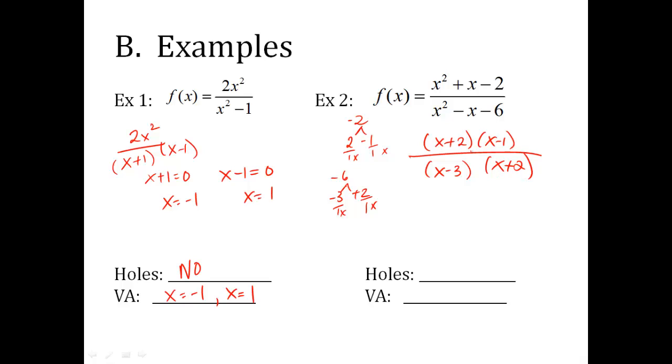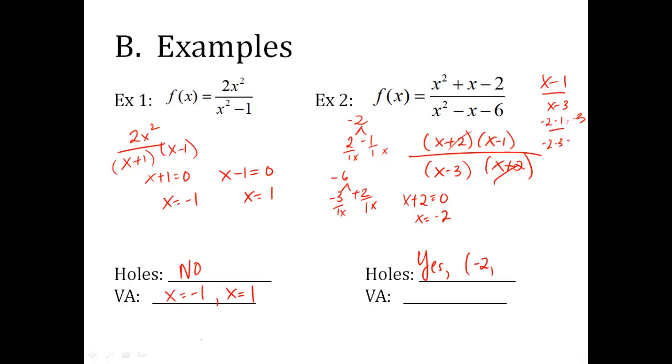Notice you have a common factor of x plus 2. Those will cancel. So I have a yes on this. And what I know so far is that where x plus 2 equals 0, x is negative 2. Now, to get the y value, remember, I take what's left of the equation, so x minus 1 over x minus 3, and I'm going to plug in this x value I just solved for, negative 2. So negative 2 minus 1 is negative 3.